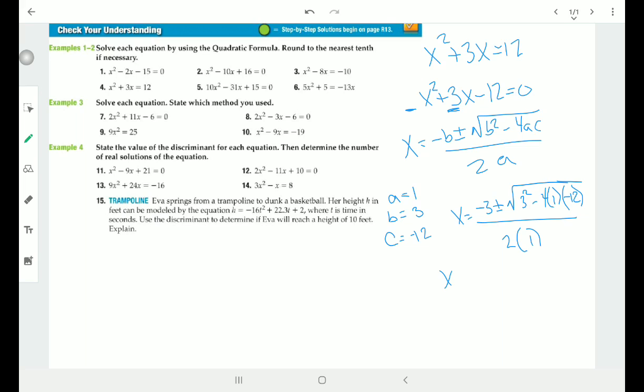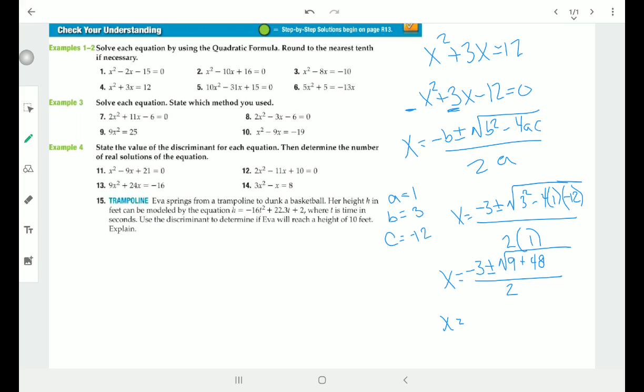And now we can solve all of that out, and we know that 3 squared is 9, minus negative 12 times 1 is negative 12, and then negative 12 times negative 4 is positive 48. So 9 plus 48, and then all that is divided by 2, and we can keep going.